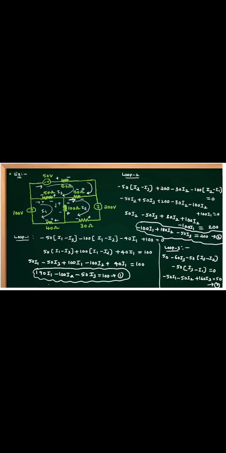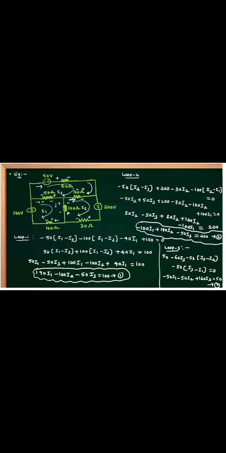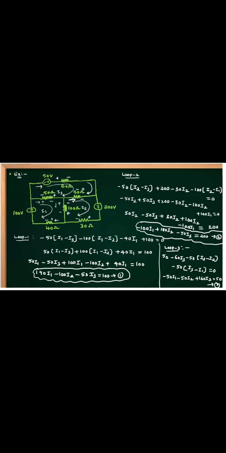Then first equation I am writing: 190 I1 minus 100 I2 minus 50 I3 equal to 100. This is 1. For equation 2, minus 100 I1 plus 180 I2 minus 50 I3. Is it correct? Minus 50 I3. So this is equal to 200.